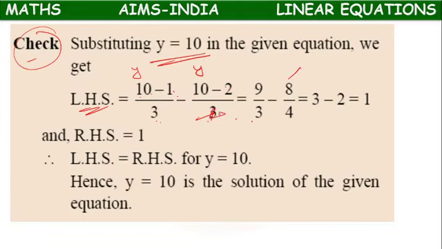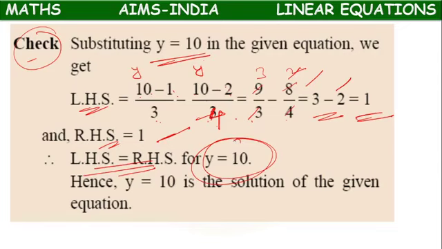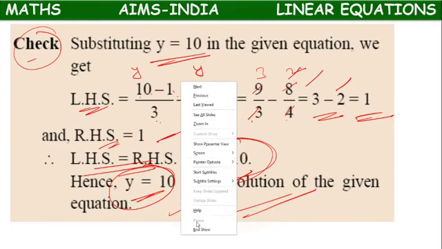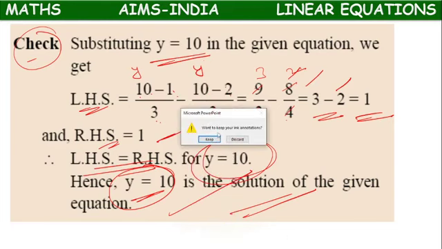Sorry, it is 4 actually, not 3: 10 minus 2 by 4 means 8 by 4. 3 threes are 9, 4 twos are 8. 3 minus 2 is 1. RHS also 1. So LHS equals RHS for y equals 10. So y equals 10 is the solution of the given equation.